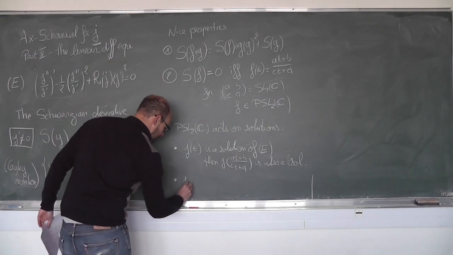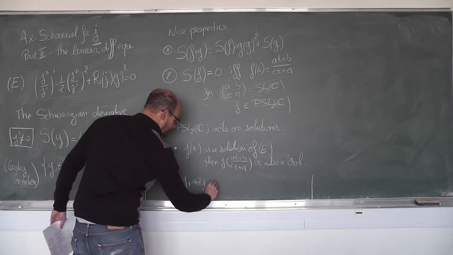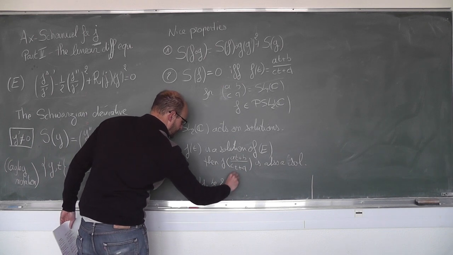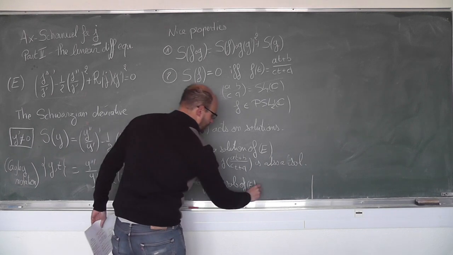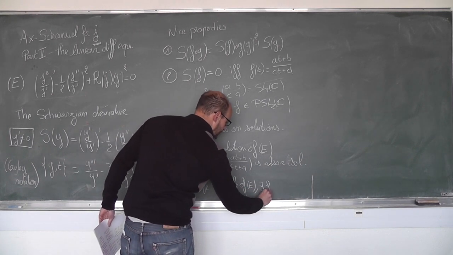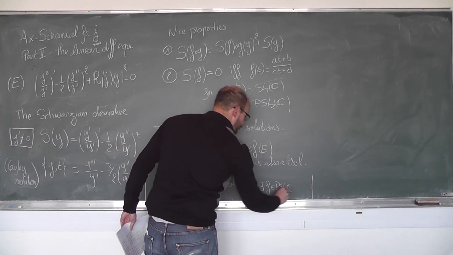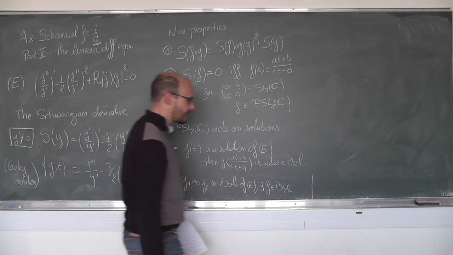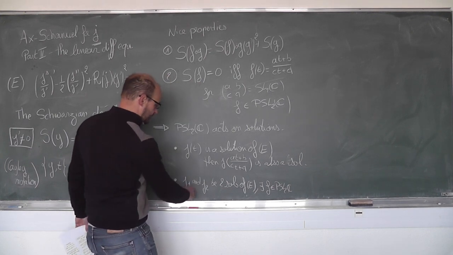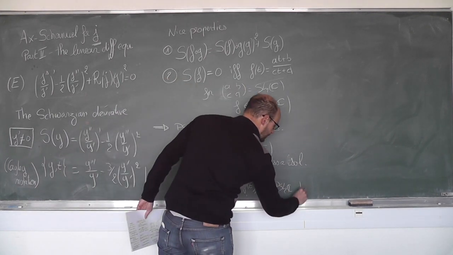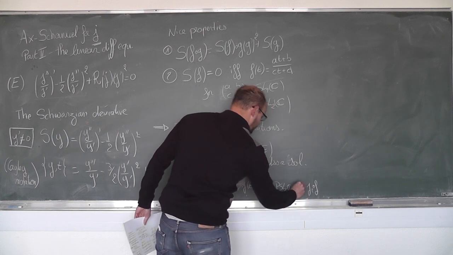So let J1 and J2 be two solutions of E, then you will find an element f in PSL2 of C such that J1 is obtained from J2 using this formula: J1 is J2 composed with f.